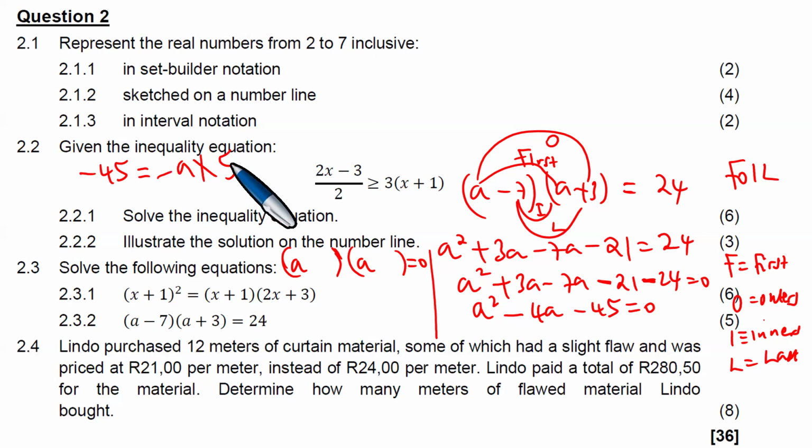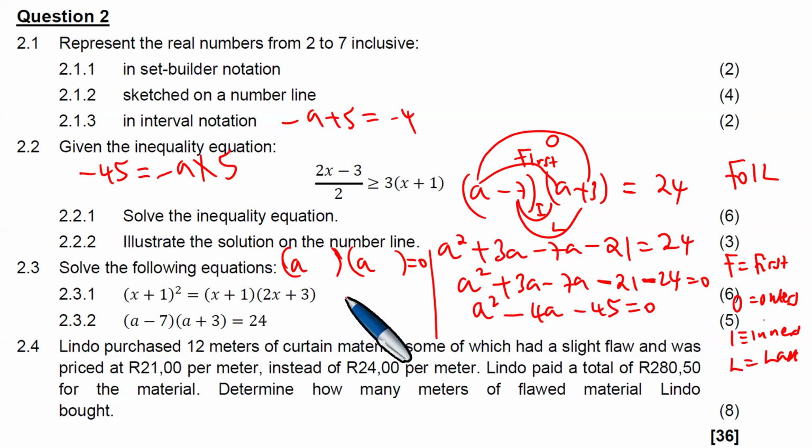The two numbers are negative 9 and 5. Why? Because negative 9 plus 5 is equal to minus 4, because you take the sign of the bigger number, negative 9. So minus 9 plus 5 would give you minus 4.